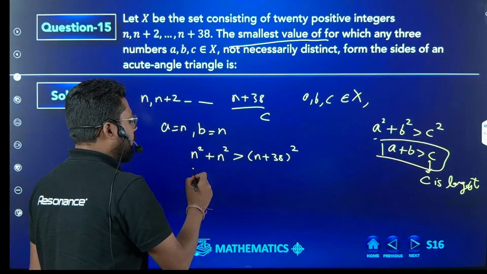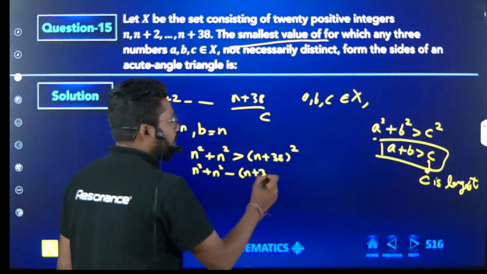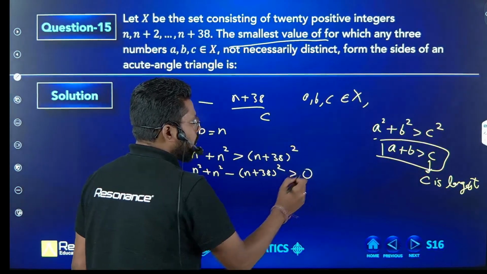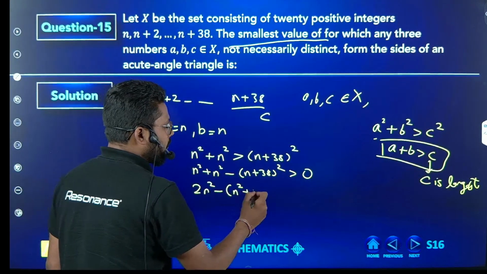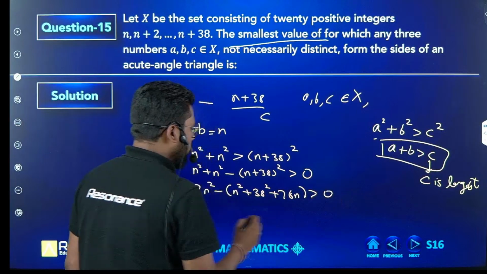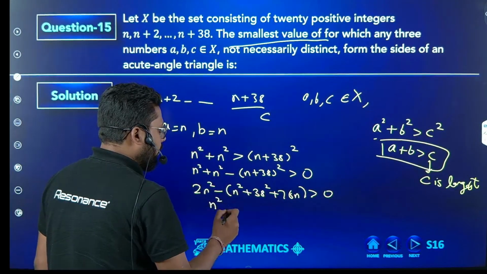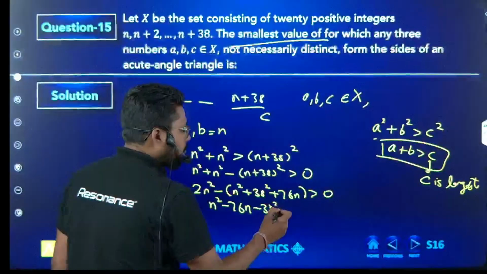Or n square plus n square minus n plus 38 whole square should be greater than 0, or 2n square minus (n plus 38) whole square, which is n square minus 76n minus 38 square, should be greater than 0.